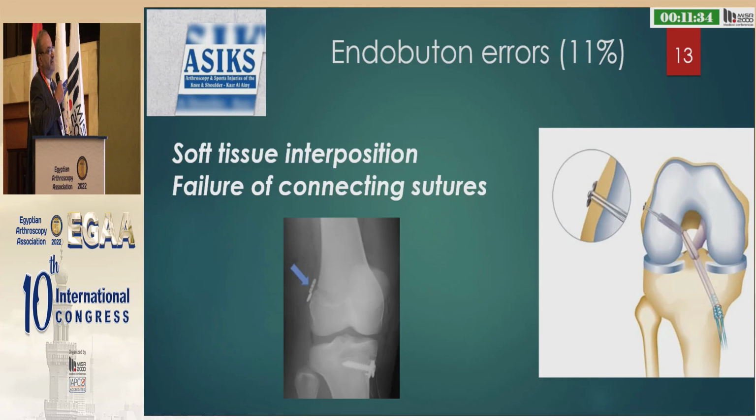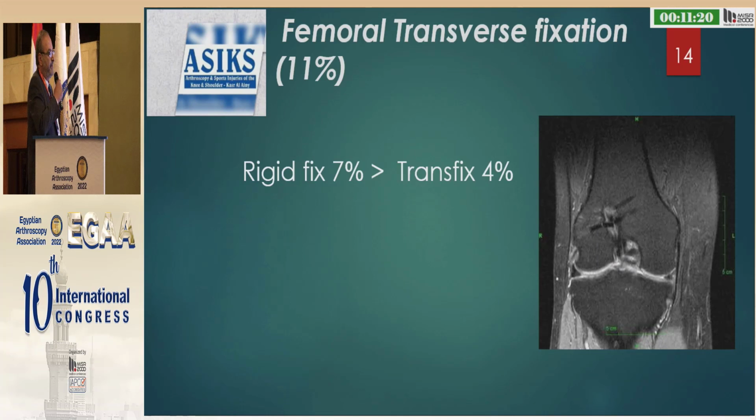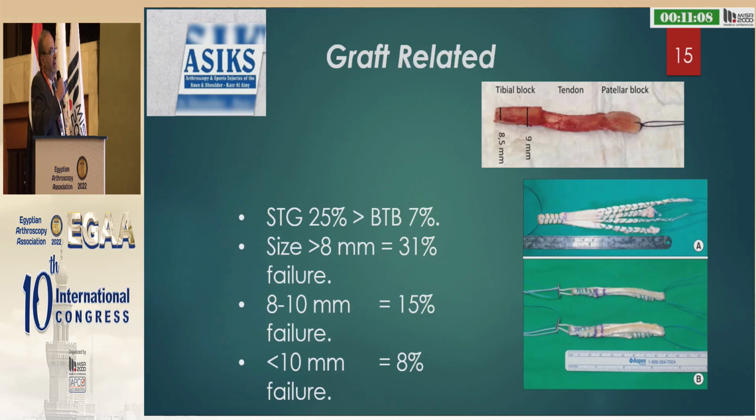All types of fixation can fail, even with endo button, soft tissue interposition, or failure of the connecting suture material. We have found cases of failure of suture material, and even transverse fixation. We found it a little higher with rigid fixation, 70%, compared to transfixation, 4%.